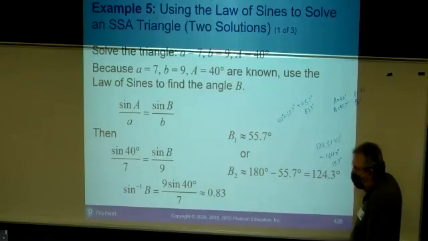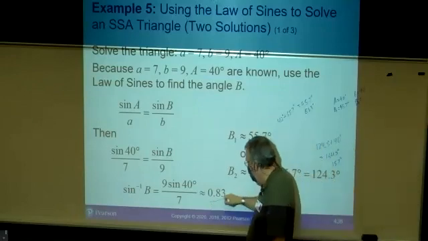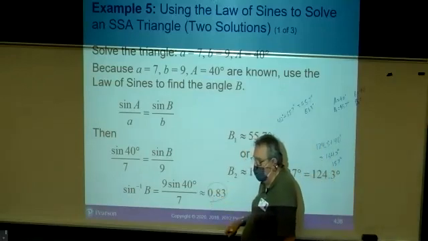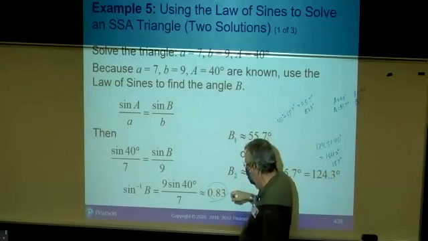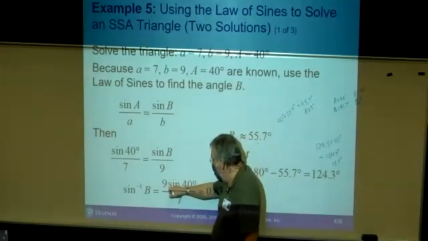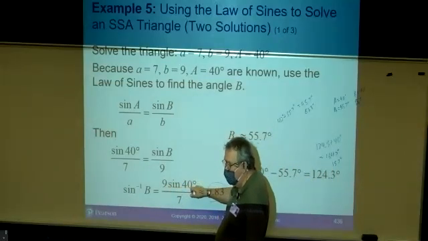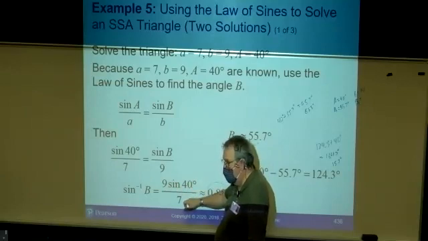You put it on the calculator? So the inverse sine of this, yeah, so they're wrong, it's not 83. I think so, yeah. Looks like it's wrong. When you punch it in on the calculator, you get 9 times sine of 40 divided by 7, what do you get?